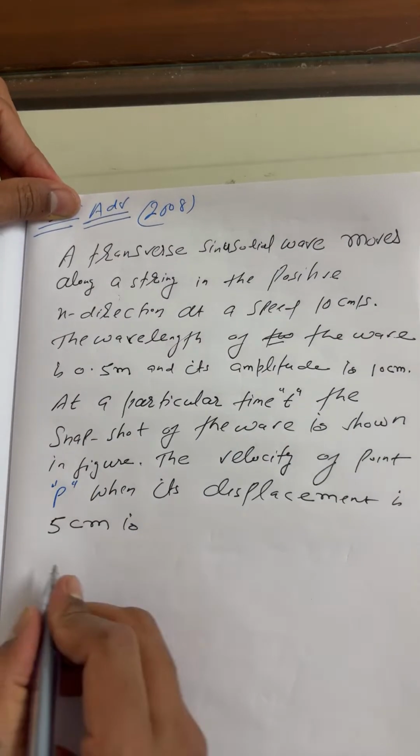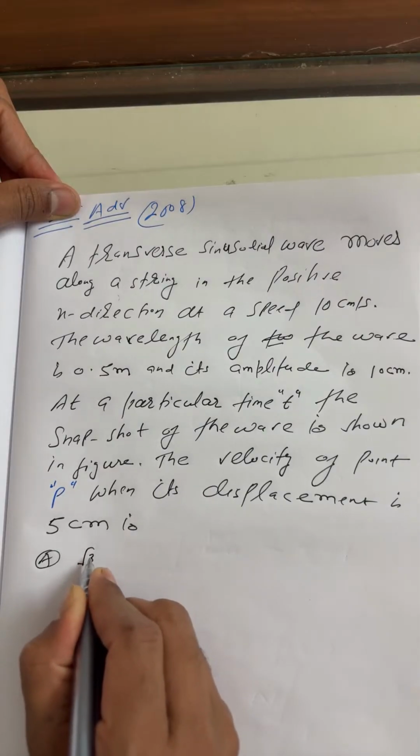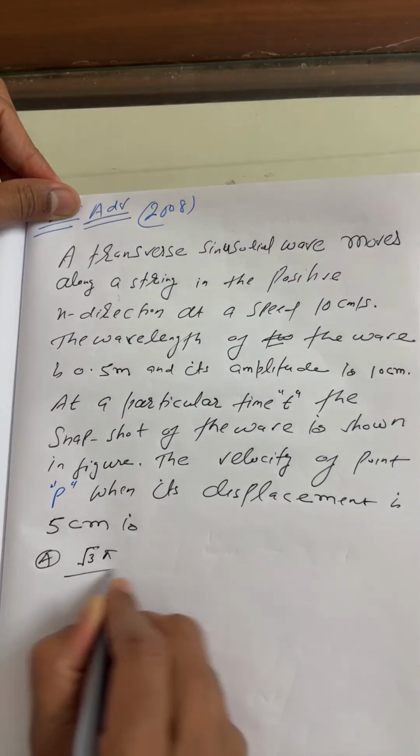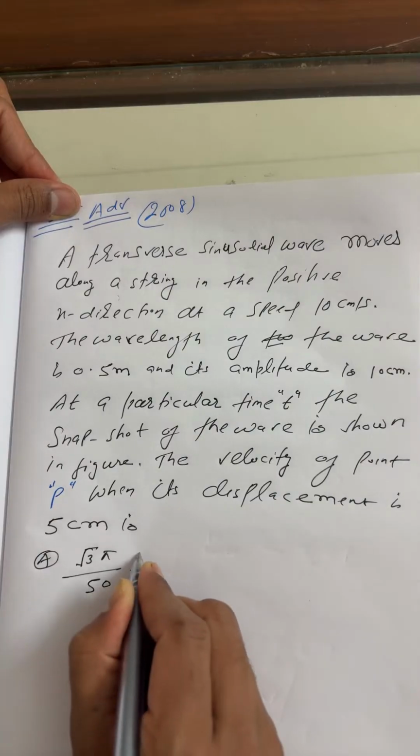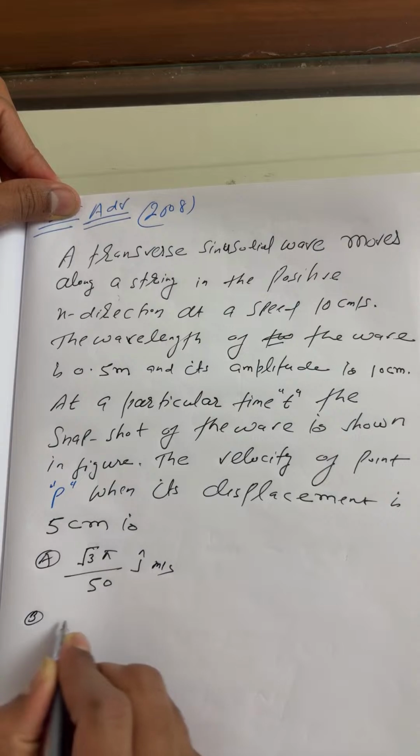Okay, I'll give the options first. Root 3 pi upon 50 j cap meter per second.